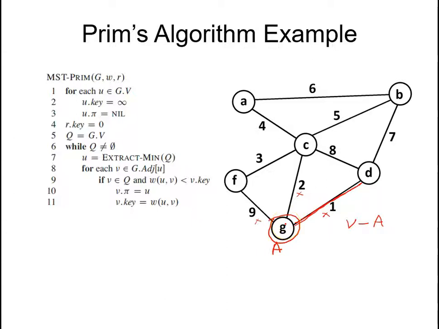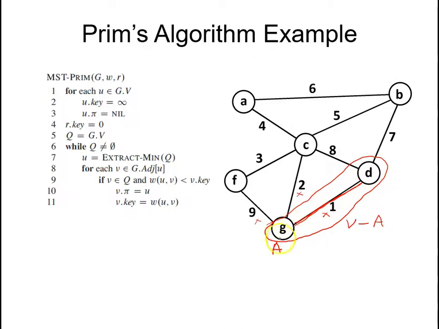And what Prim's algorithm says is that we start with a random vertex and then find an edge, and then we extend our set. Okay, so our set was originally just this vertex, and now we've extended our set to include these two vertices.